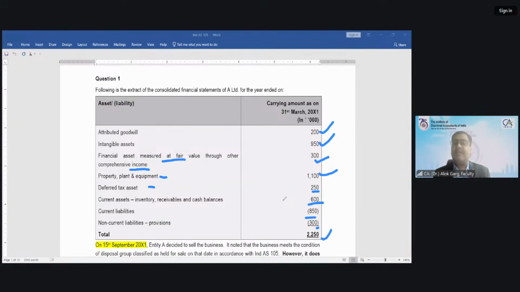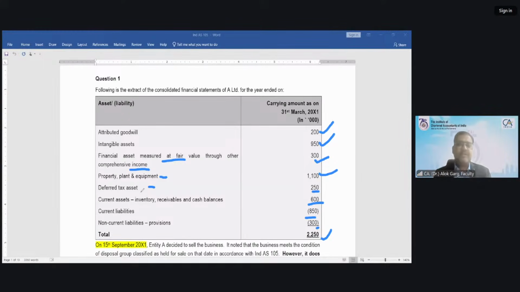Can you tell me what is the negative list? Financial asset, insurance contract, deferred tax, income tax, and employee benefits. Biological assets. These were the five categories. So biological asset, financial asset, insurance contract assets, employee benefit asset, plan asset, and deferred tax asset, income tax asset have to be measured as per the respective standard.